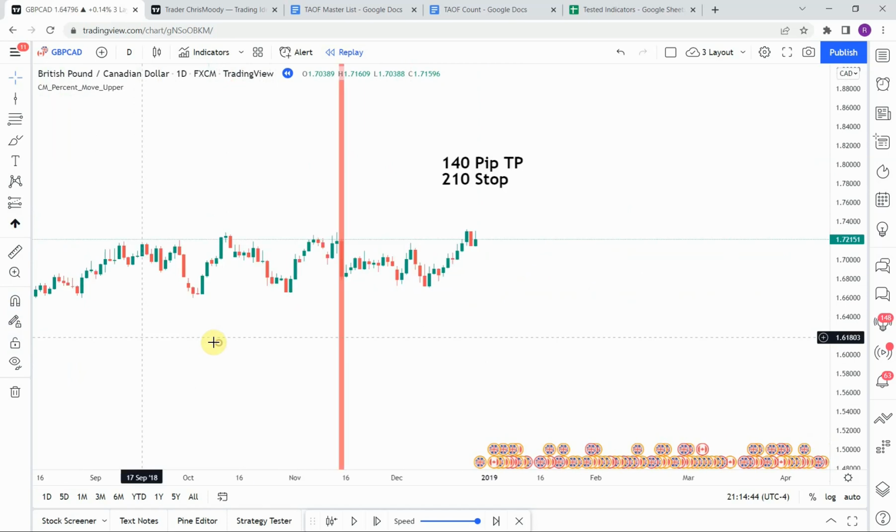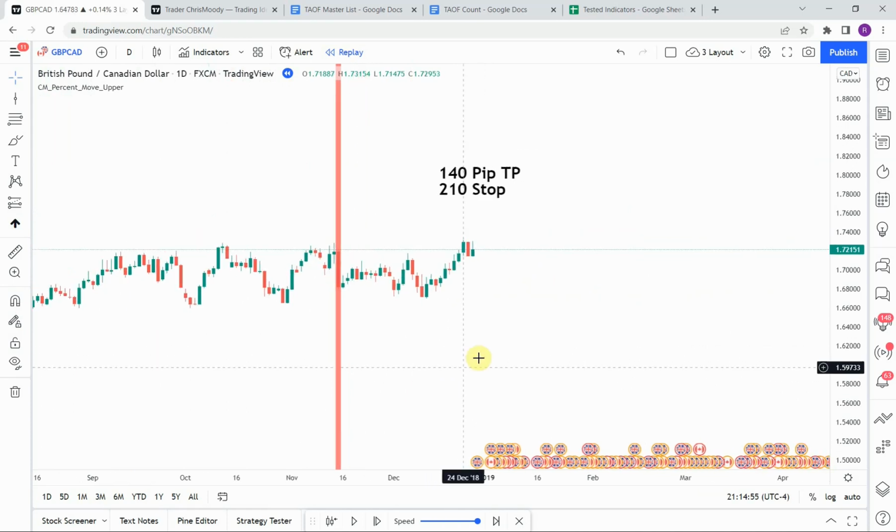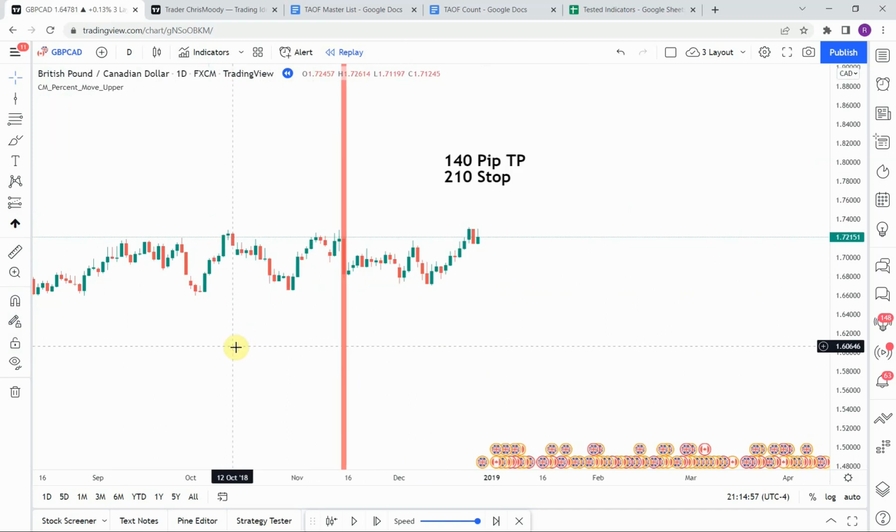In theory, when we get a really hard push in one direction or another, with a lot of momentum, a lot of volatility, that should be a sign of momentum going in that direction, or at least a possible continuation in that initial direction.